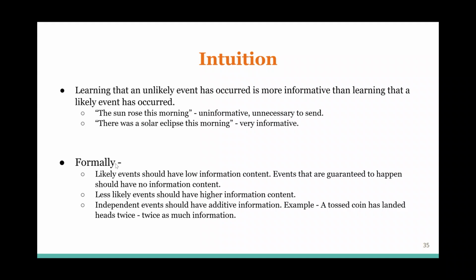And they define this intuition formally, saying that events that are likely to happen have low information. Events that are guaranteed to happen, that you know they will happen, are supposed to have no information. And less likely events have a higher information content.